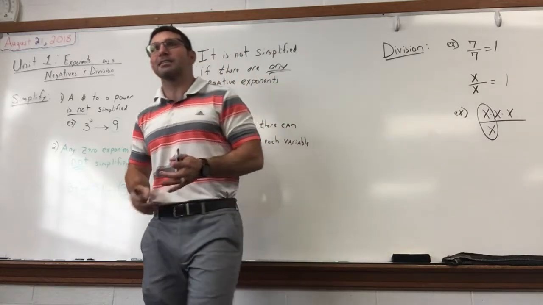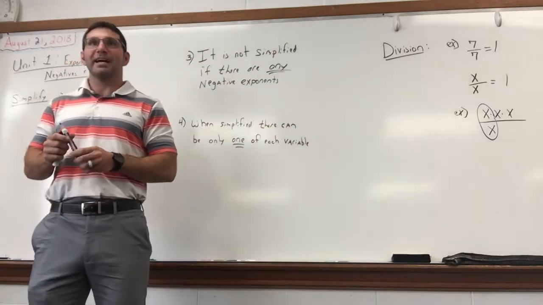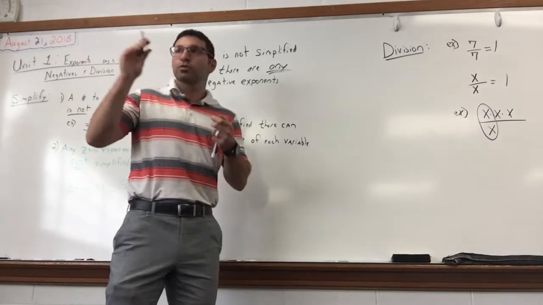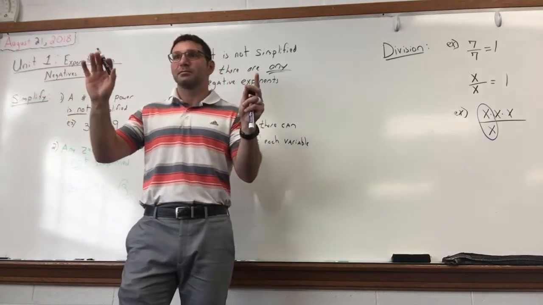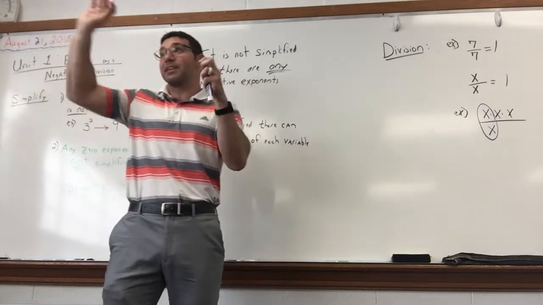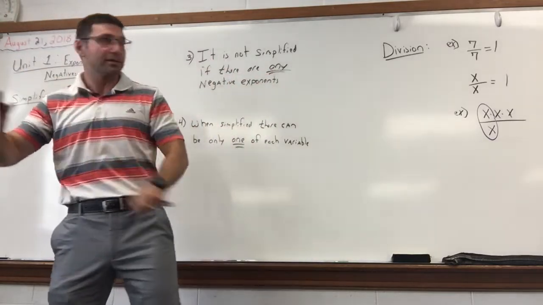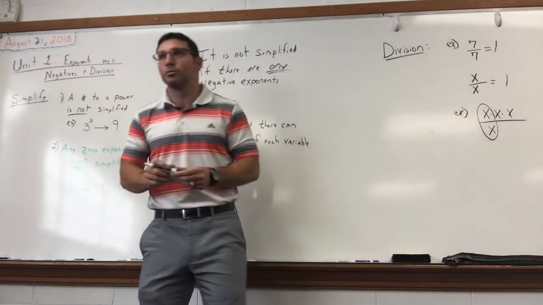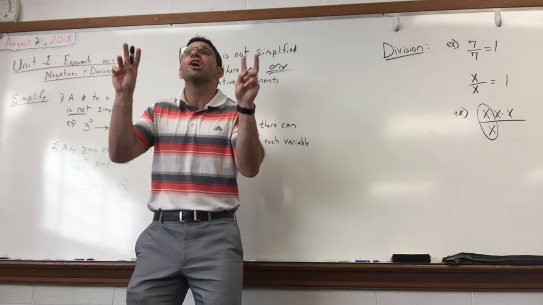Let's just look at that x divided by x. What is that? What is x divided by x? 1. What is 1 times anything? 1 times the anything, right? If I do 1 times 7, it's 7. 1 times a million, it's a million. These x's, and I'm going to use a word that will make sense to you, but I'm not going to use it after this. They cancel.